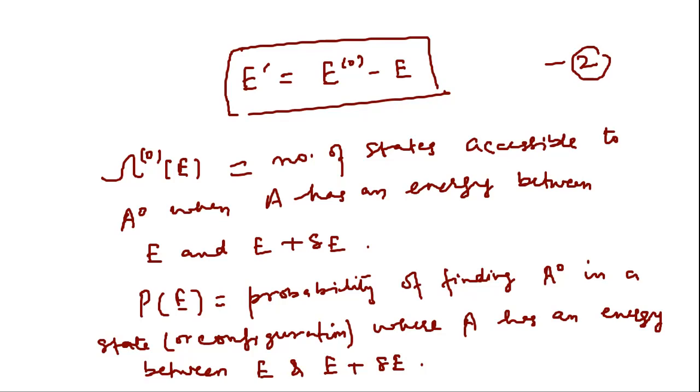That is, we can write P of E is equal to C sigma naught of E.